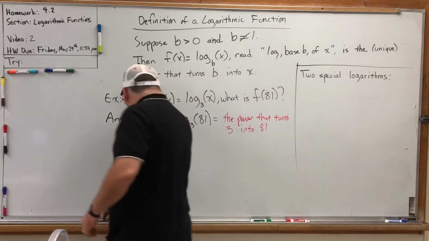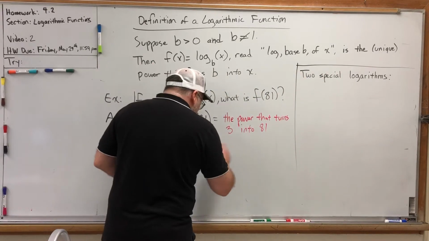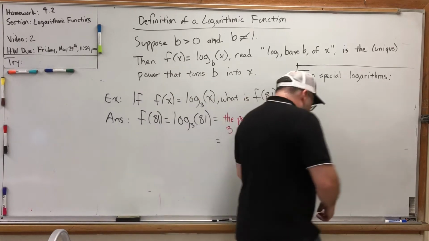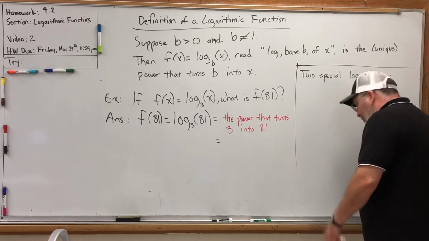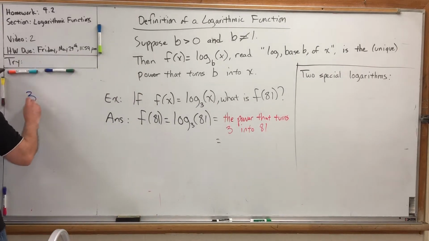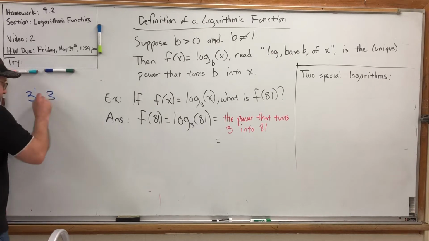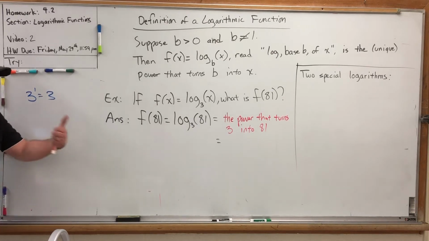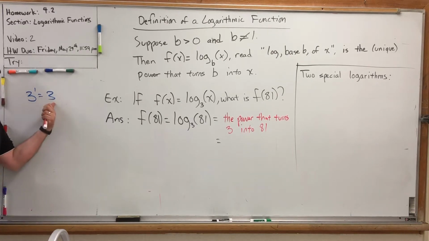Now, you may know what that power is, but let's pretend you don't for a second. Since I know what the answer is supposed to do, I can just guess and check. So over here, I'm just going to start whipping out powers of 3, starting with 3 to the first power, which is 3. That's not what I want. I need to turn the 3 into an 81, not a 3. 3 to the second power won't work either, because that's equal to 9, but I want to know what power turns the 3 into 81.